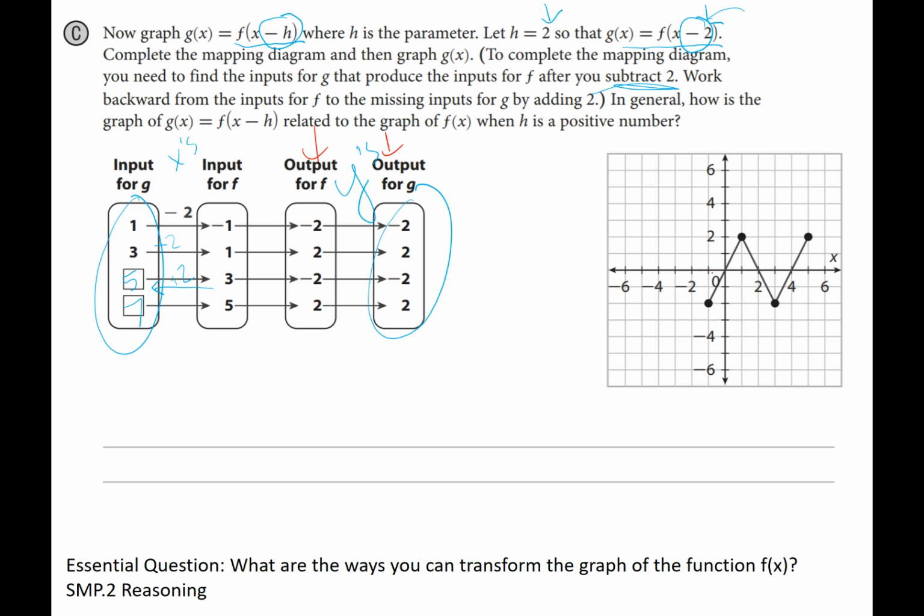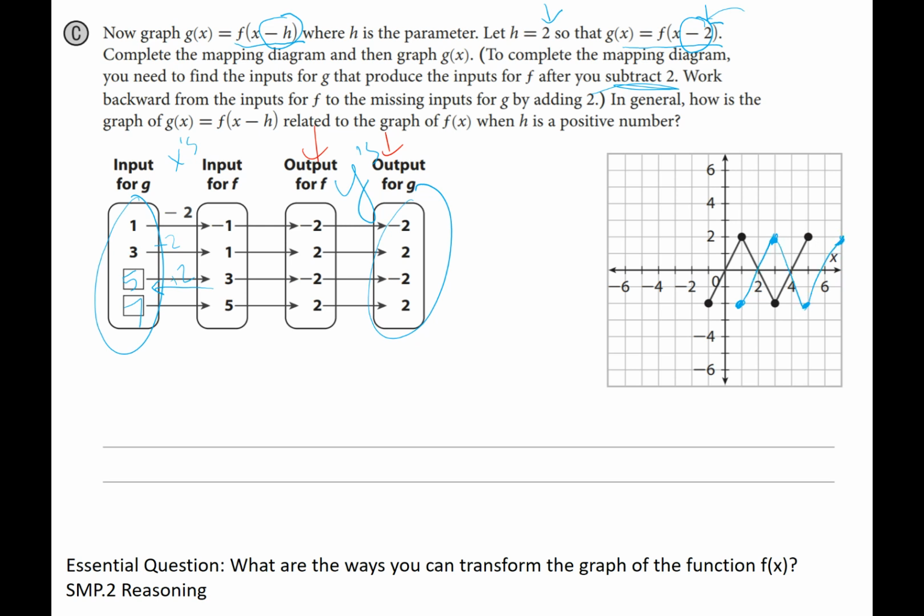All right, so we're going to go out 1, down 2 for our first point. Then we're going to go out 3, up 2. And then we're going to go out 5 and down 2. And then we are going to go out 7 and up 2.